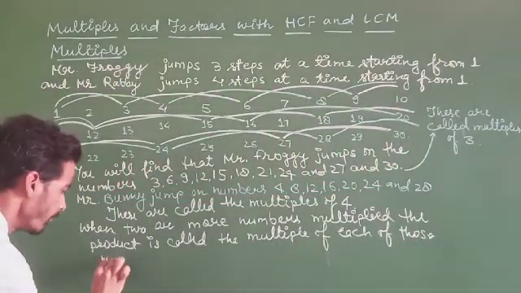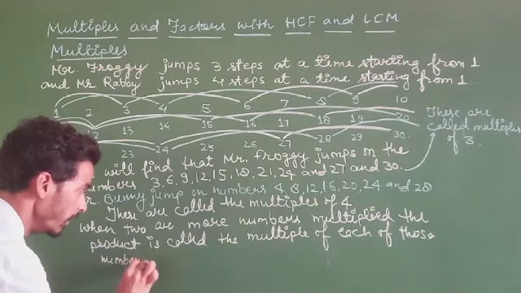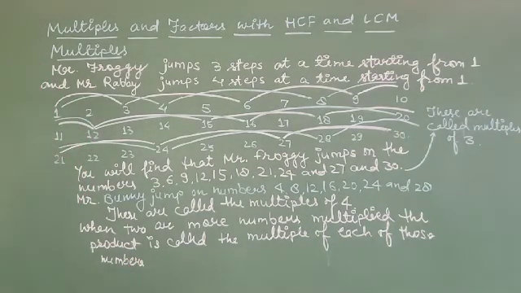When two or more numbers are multiplied, the product is called the multiple of each of those numbers. Okay.